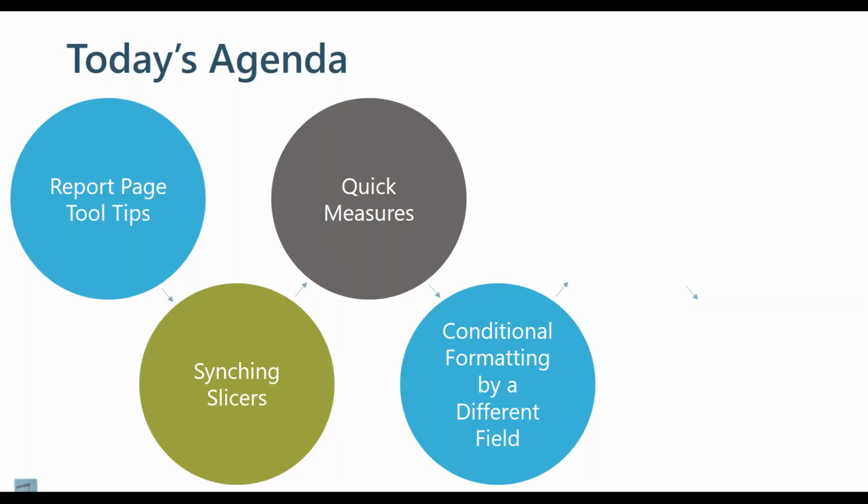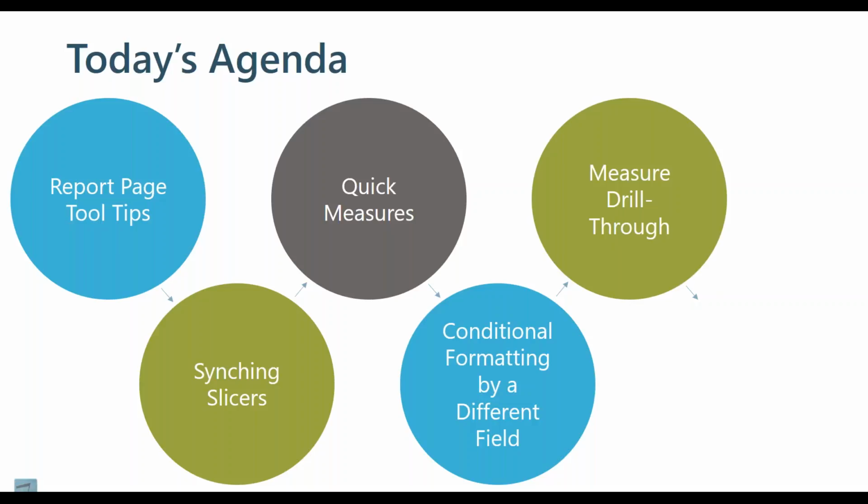We'll take a look at quick measures. This is a great way for us to create metrics on the fly without understanding any DAX, and we'll talk about what DAX is and the benefits of doing something like a quick measure. Next, in the May update, there's been conditional formatting by different field and also measure drill throughs.